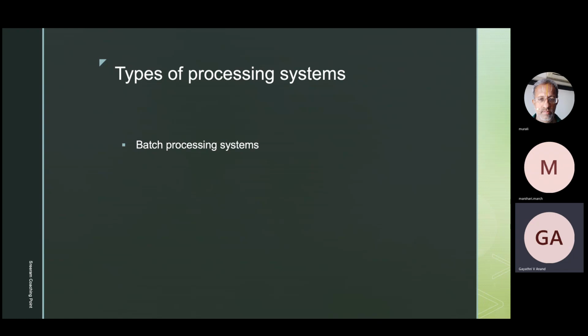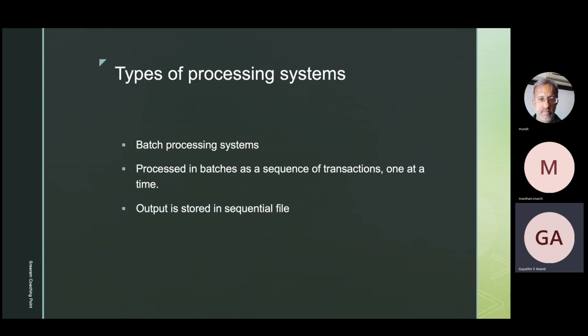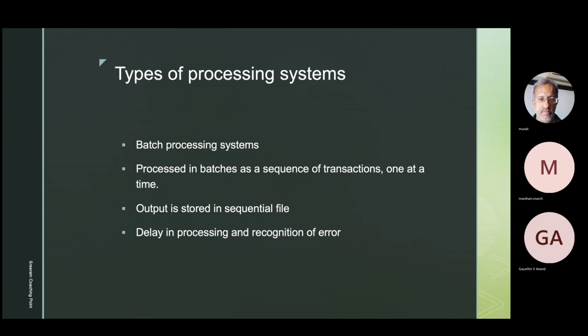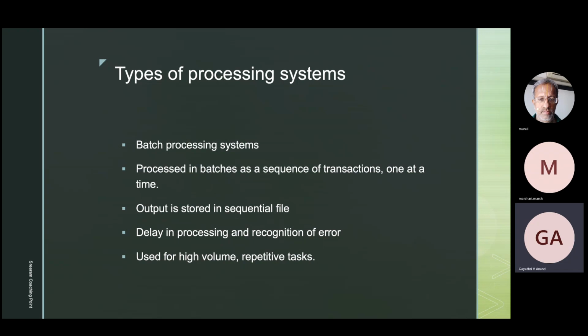These are things that we have already studied, isn't it? So processed in batches as a sequence of transactions one at a time. Output is stored in a sequential file. Delay in processing and recognition of error because of the quantum of operations, and used for high volume repetitive tasks. When they are repetitive and high volume, then you use a batch processing system.